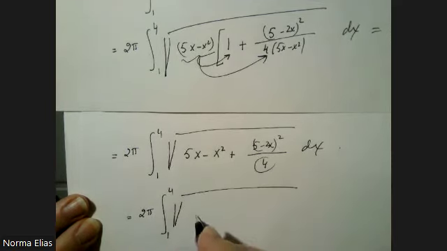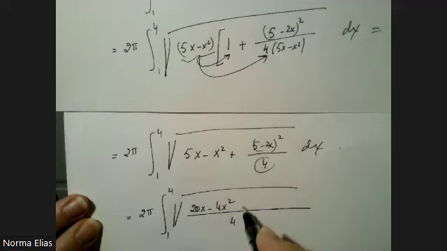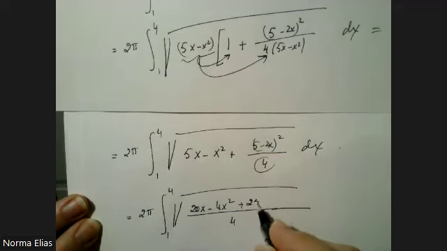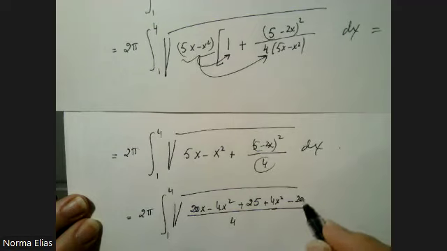Okay, the common denominator is going to be 4, that eventually I can take it out. I have to multiply this by 4, which leaves me with 20x minus 4x squared. And let's see what we get here. When I square this, I get 25 plus 4x squared minus 2 times 2, that's 4 times 5, 20x.